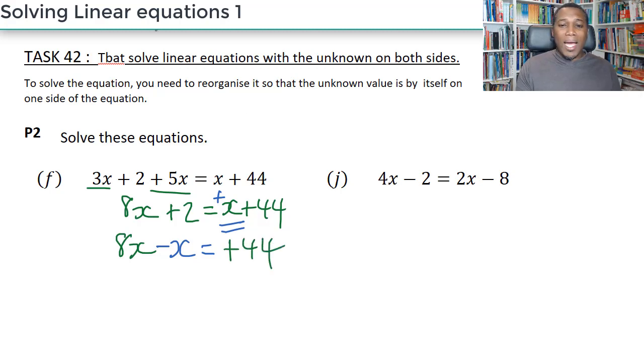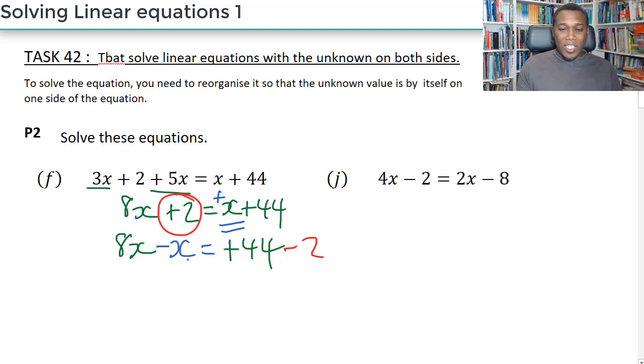It's the minus 2, sorry, the plus 2 on the left-hand side has to become minus 2 on the right-hand side. So that's the swap I've made using change side, change the sign. All the x's on the left, all the numbers on the right. The positive 2 became negative 2. The positive x became negative x.